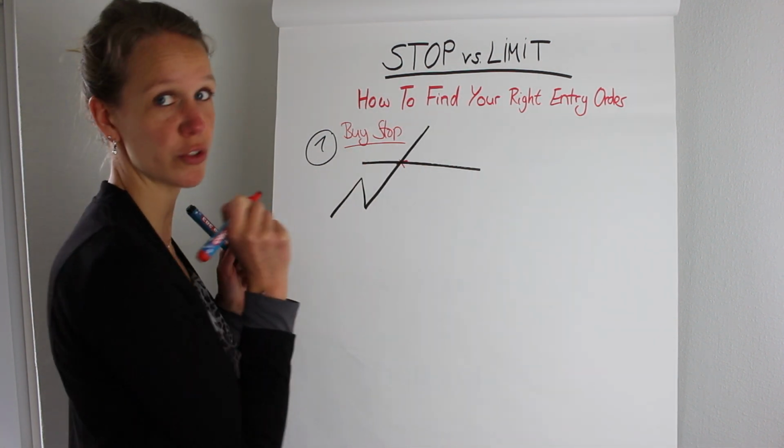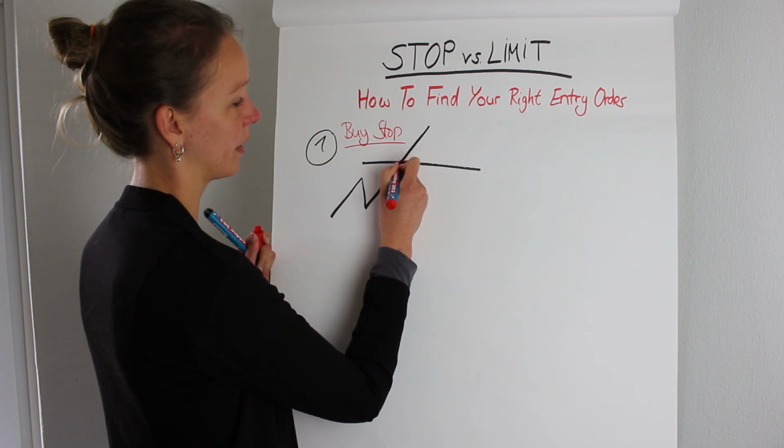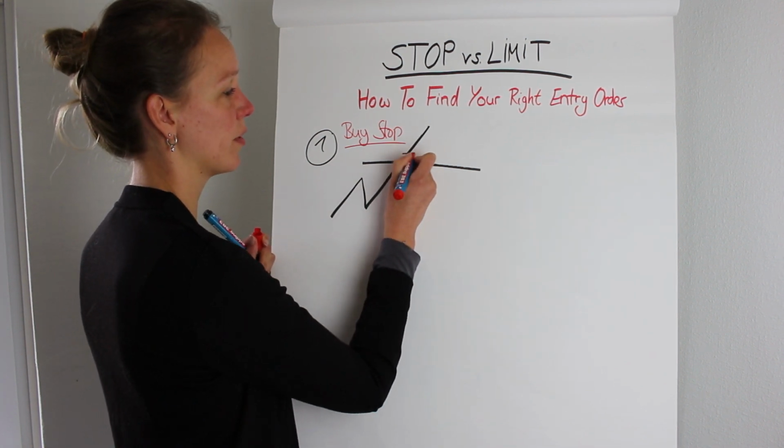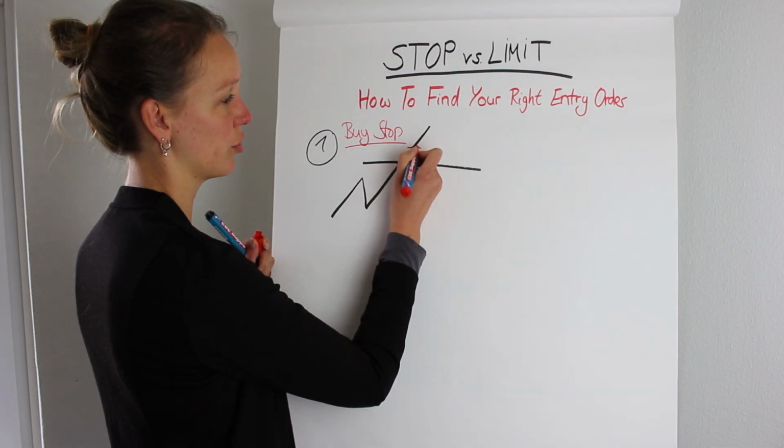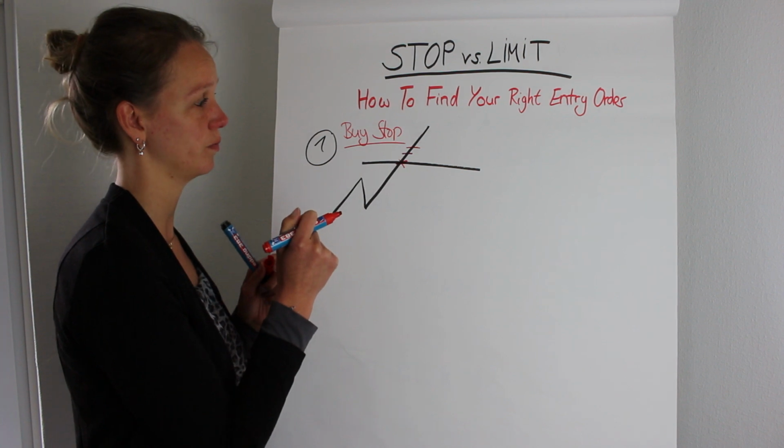But because of spread, it can always happen that you don't get the market right at this point, maybe even higher here or also here. It's always depending on the spread and the volume.